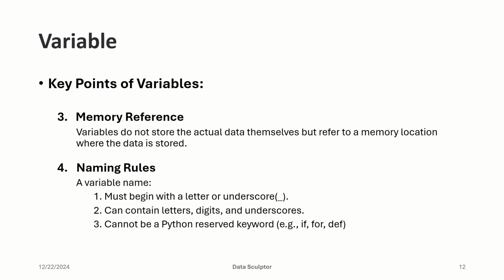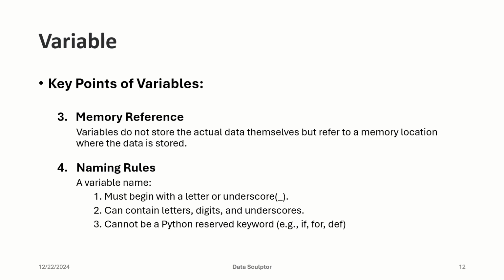Naming rules. A variable name must begin with a letter or an underscore, so it should be either abc or _abc. The entire variable name can contain letters, digits and underscores. It can contain digits, say abc123 or abc5, but it shouldn't start with a digit.